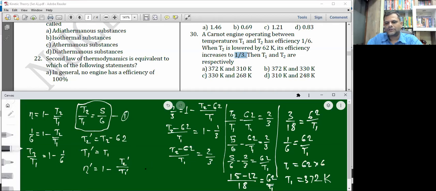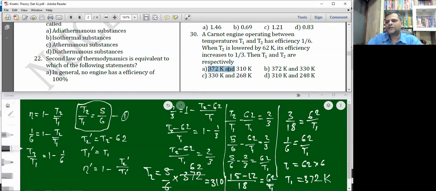Okay, so T2 will be actually 5/6 times of T1, where T1 is going to be 372. So if we divide this by 6, then we can get the 6 6s are 36 and 2. So 62 2s are 310, correct? So 310 Kelvin. So these are the two temperatures in which this heat engine operates between 372 Kelvin and 310 Kelvin, which is available in option number A here.